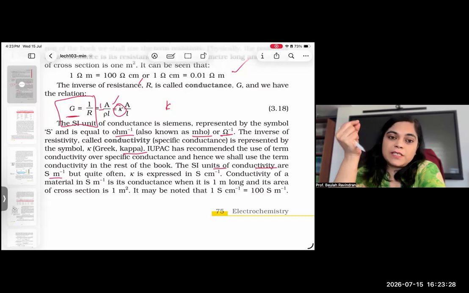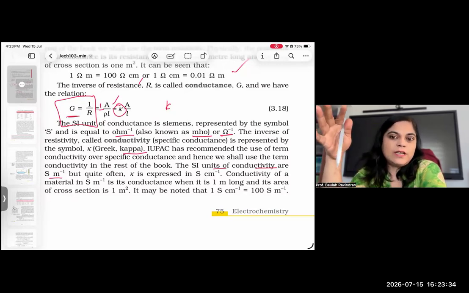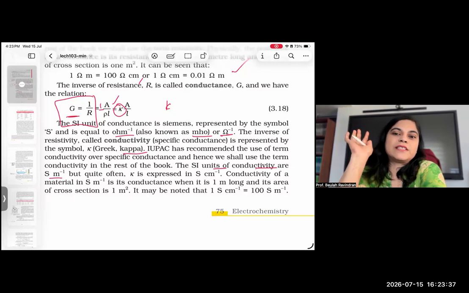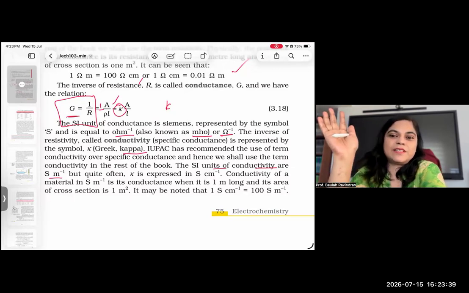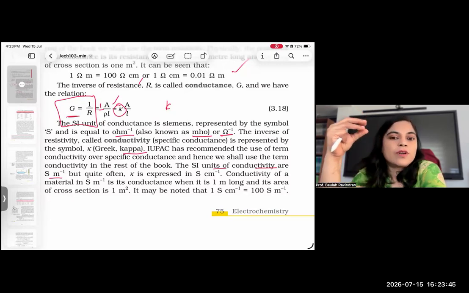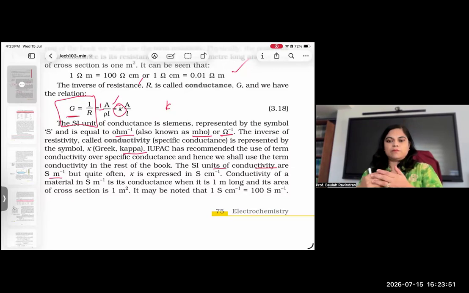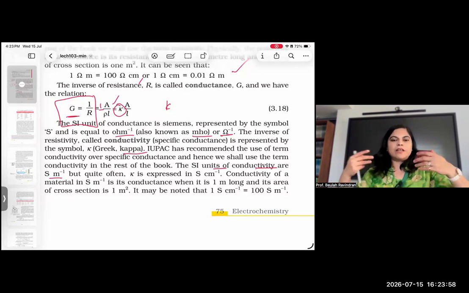I can give an analogy: G is like how fast the specific hose pipe drains the water, or any liquid.